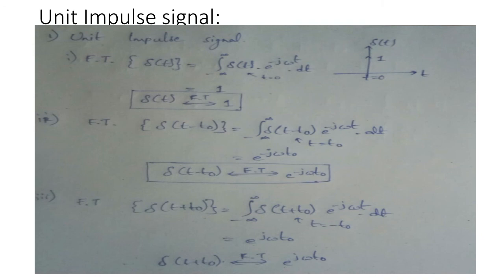So the Fourier transform of del of t minus t naught gives e to the power of minus j omega t naught.